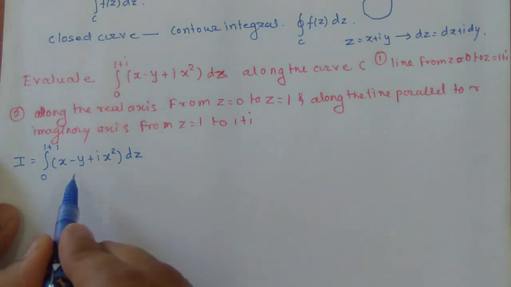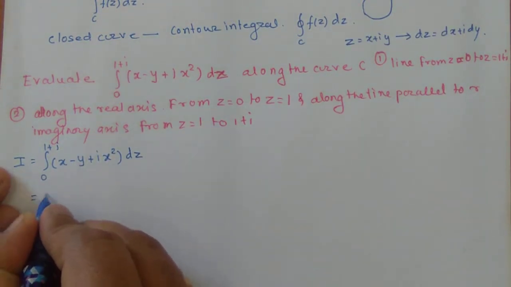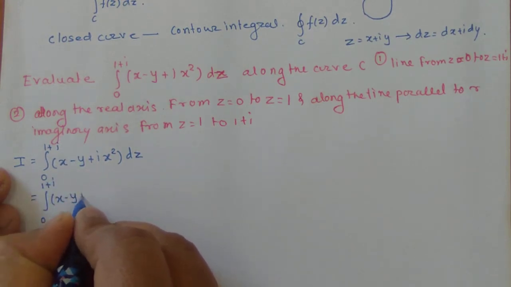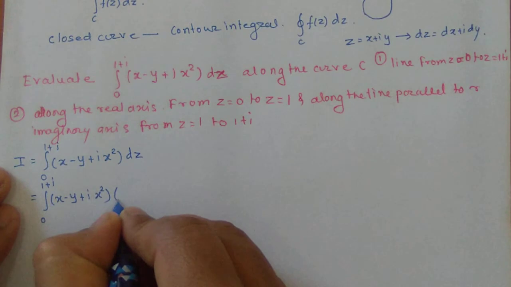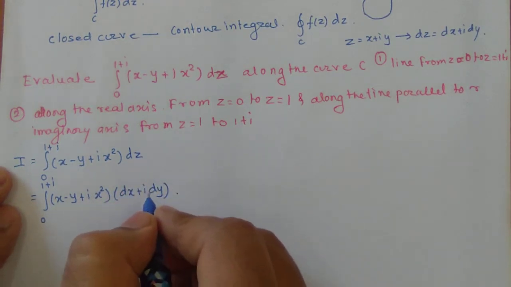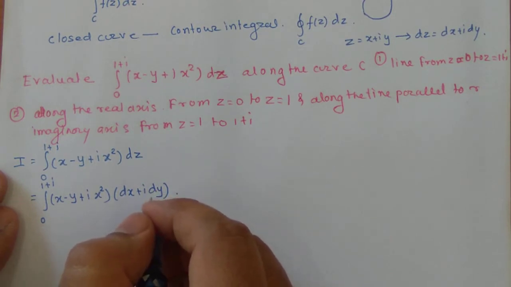Now what is our first step? First step is to separate this into real and imaginary parts. So this is the integration from 0 to 1 plus i of (x minus y plus i x square) into dz, that is dx plus i dy.